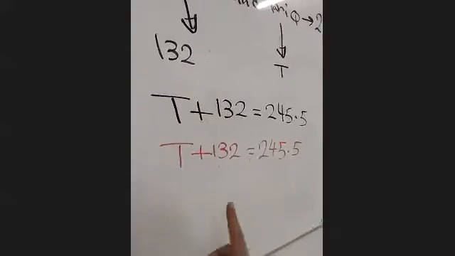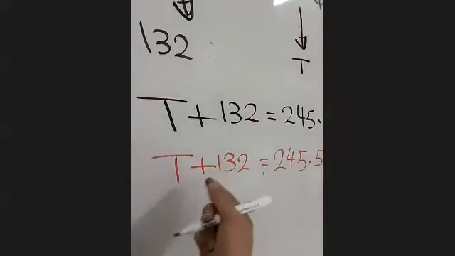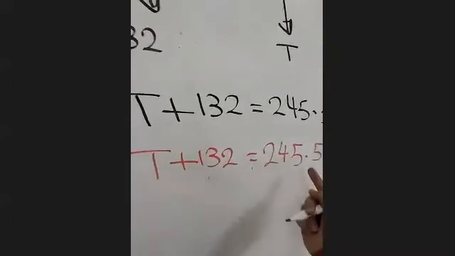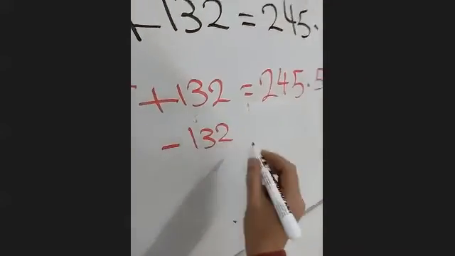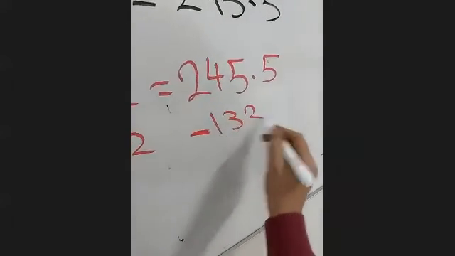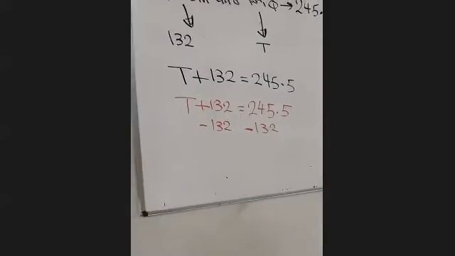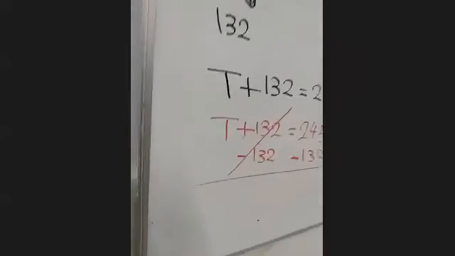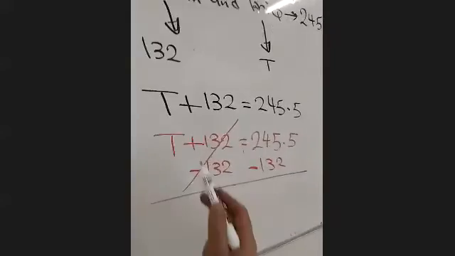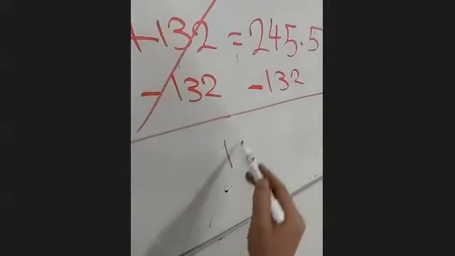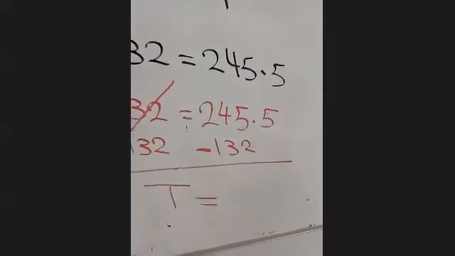We said before, subtract the connected number with the variable from both sides. Minus 132, minus 132. Line, don't forget that. And 132 with minus 132, they are gone. Still what here? T. T equals, subtract these two numbers.